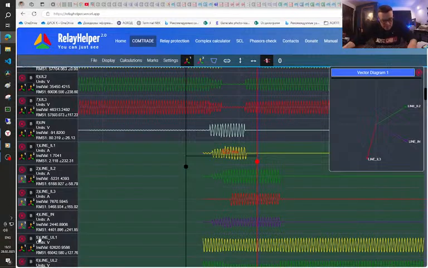And let's look at numbers. On phase B we have almost 6 kiloamperes. On phase C almost 5 kiloamperes, and in neutral almost 4 kiloamperes.